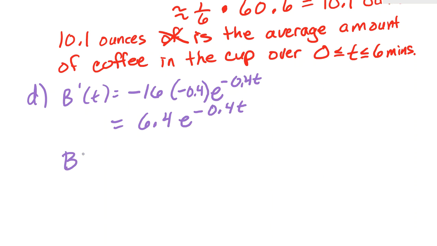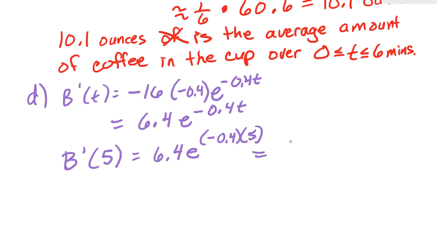And then we have to find out what that value is at 5 minutes. So we would have 6.4 e to the negative 0.4 times 5. That's going to be a negative 2.